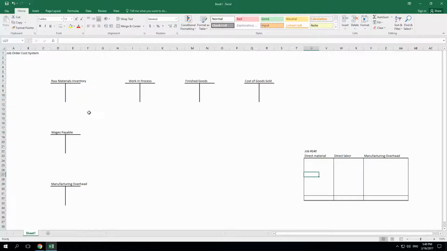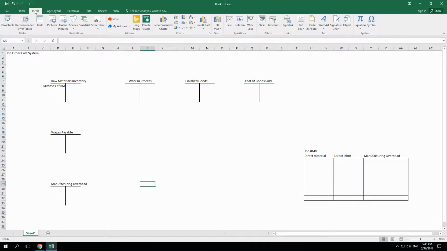So this is the way it works. When we buy raw material, right, we put it into the raw materials account. It would be debited. So purchases of raw material end up as debits in the raw material inventory account. Okay. Now, as that material is used in individual jobs, we're going to move it out of raw material and put it into work in process.